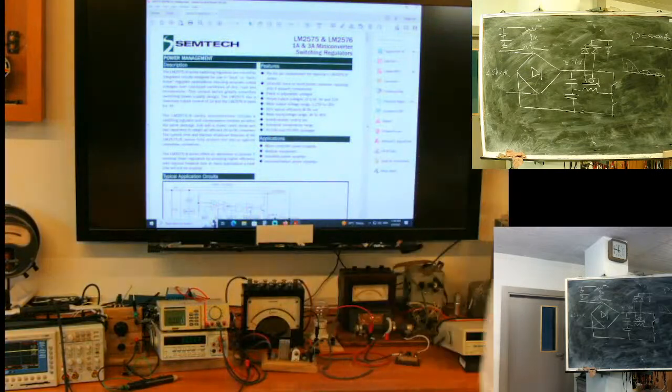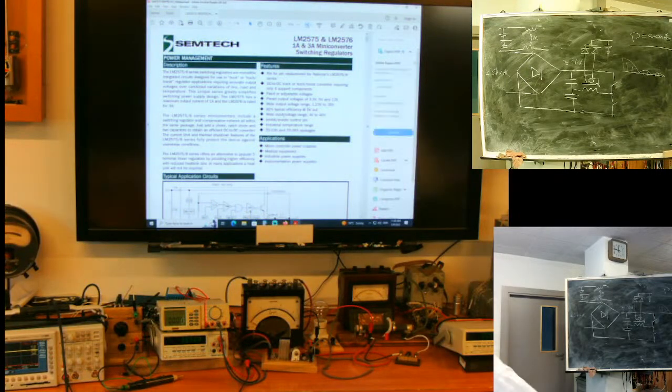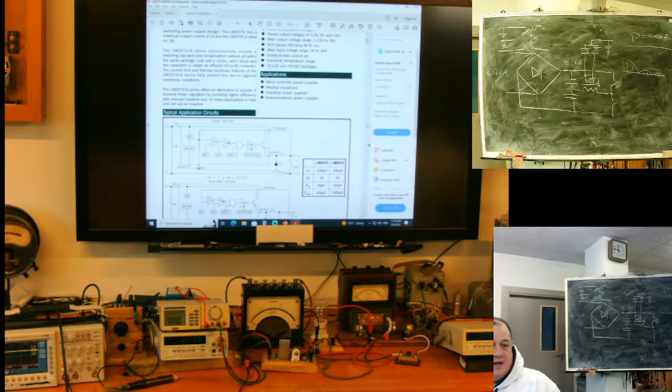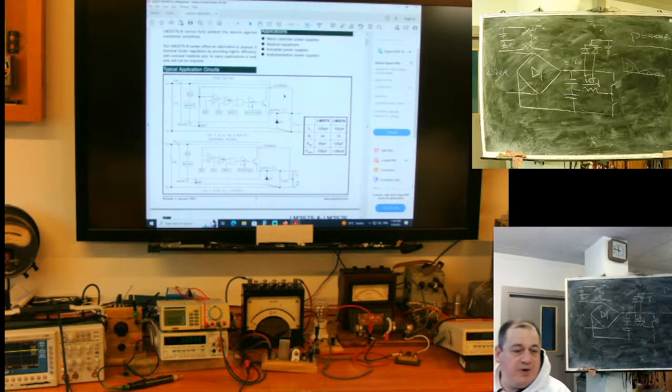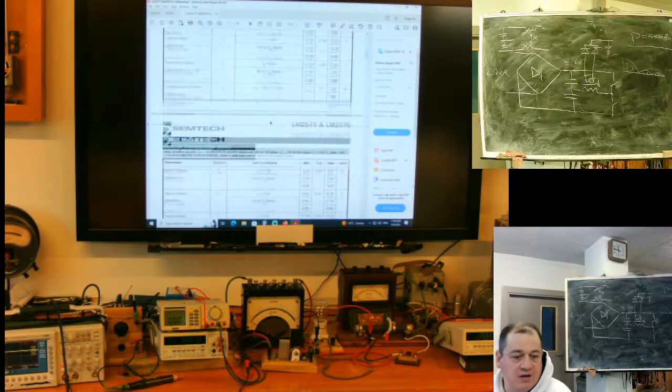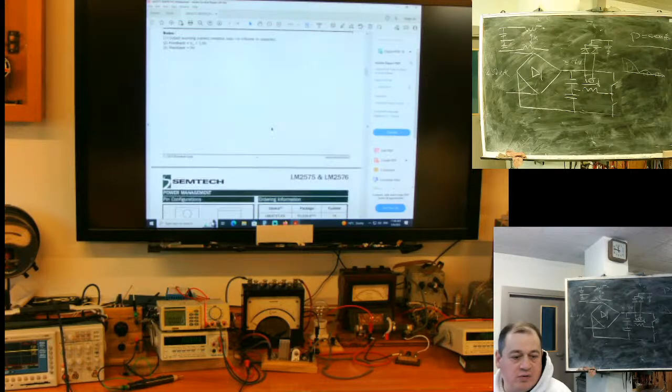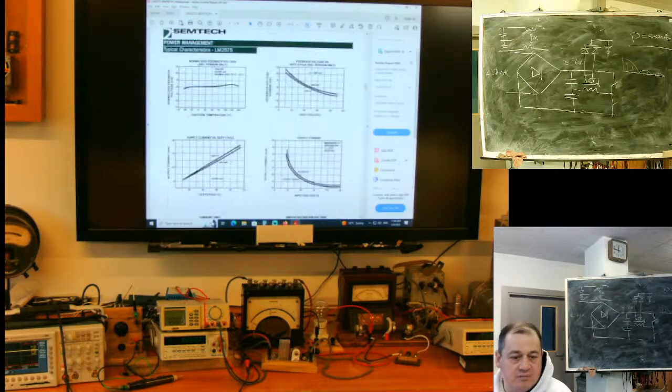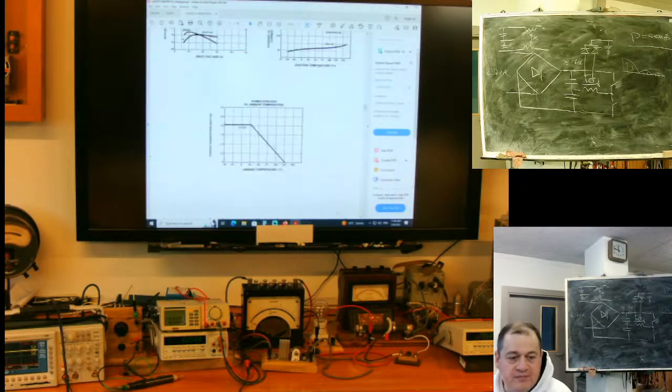Yes. Here is the data sheet of the controller I tortured. Typical application: switch, regulator, reference oscillator, all kinds of test data.